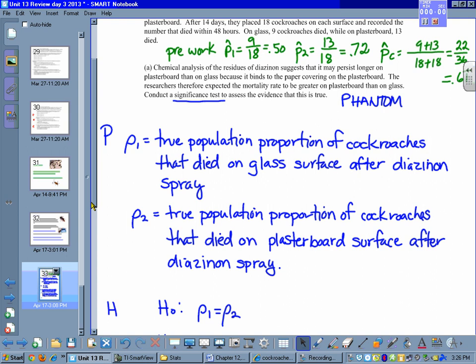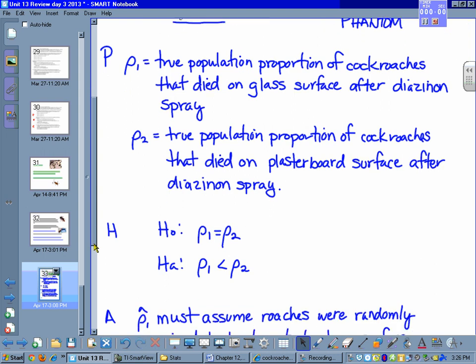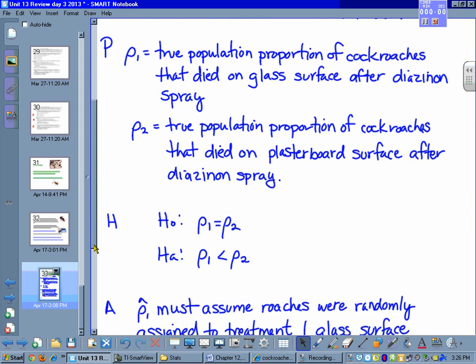p sub 1 is the true population proportion of cockroaches that died after 48 hours on the glass surface after the diazinon spray, and p sub 2 is on the plasterboard surface. My hypothesis is that p1 equals p2, that there is no difference between the glass and the plasterboard surface.